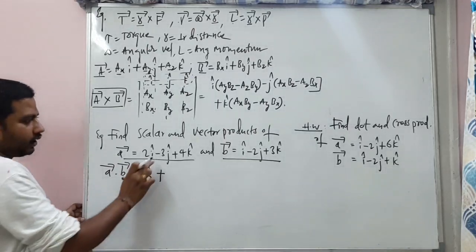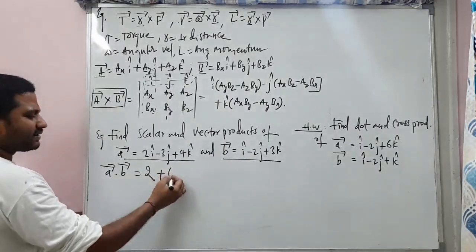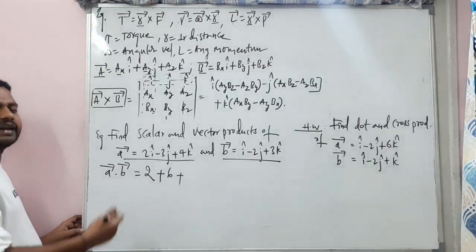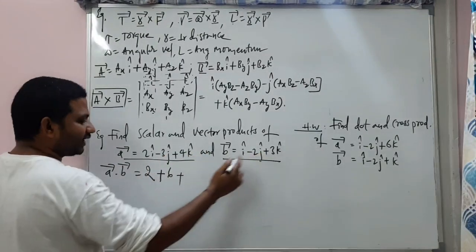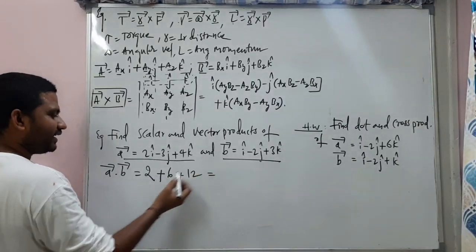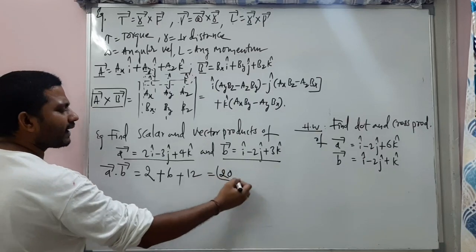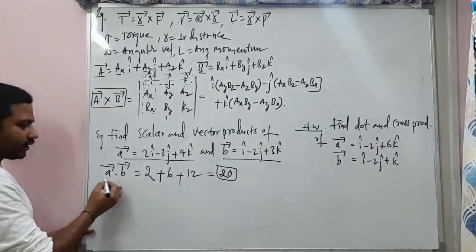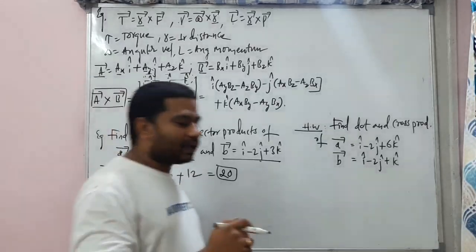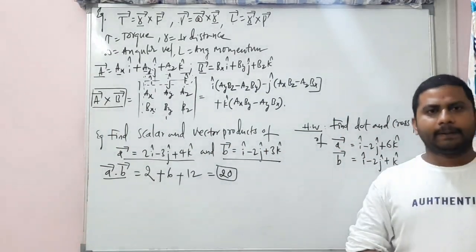Plus, it is minus 3 into minus 2, which is plus 6. Plus the k cap coefficients, 4 into 3, it's 12. See how simple it is. How much is it? 8 plus 12, it's 20. It has only magnitude, my dear students. A bar dot B bar is a scalar product which will have only magnitude, no direction.